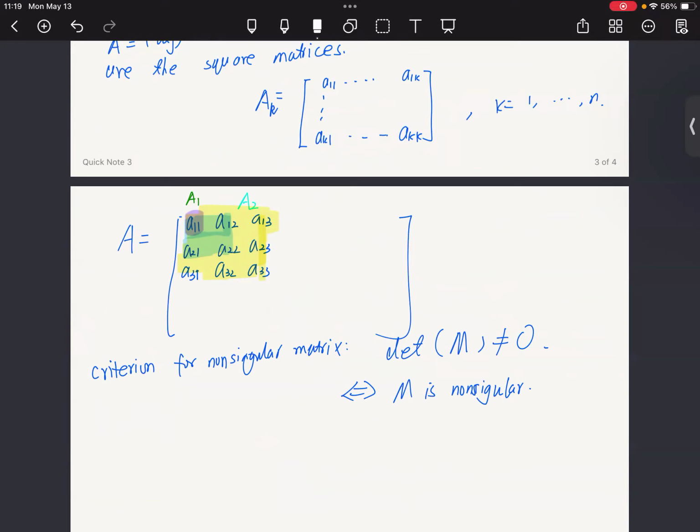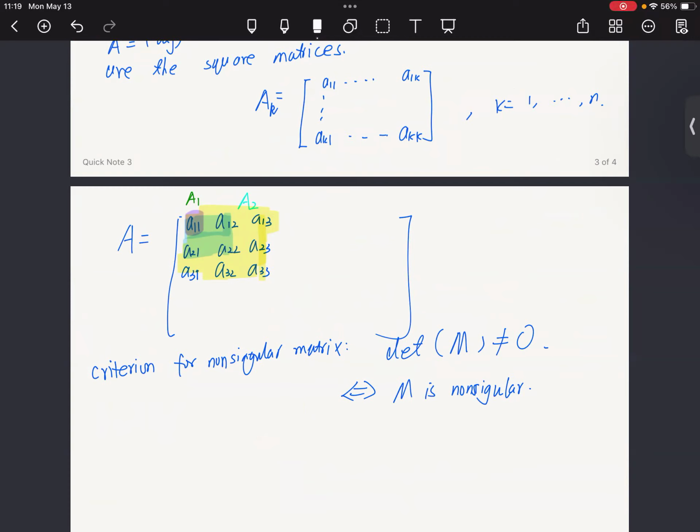And then A2 is also non-zero, which means the determinant is non-zero, and the determinant of A3 is also non-zero. So we have all these determinants of the leading principal submatrices non-zero.